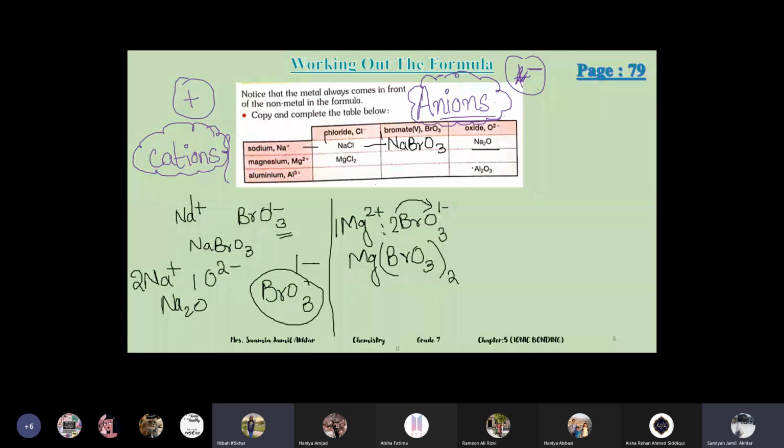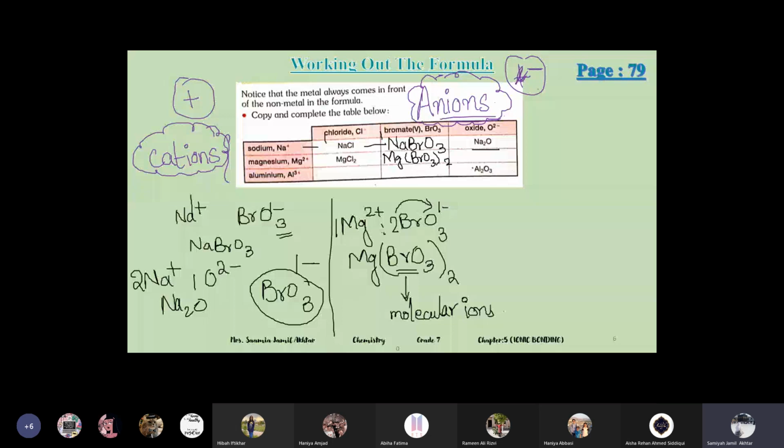The bromate ion, chromate ion, nitrate ion, these are big ions known as molecular ions, the big ions in which more than one element is present. So in the box we will write Mg(BrO3) whole twice.